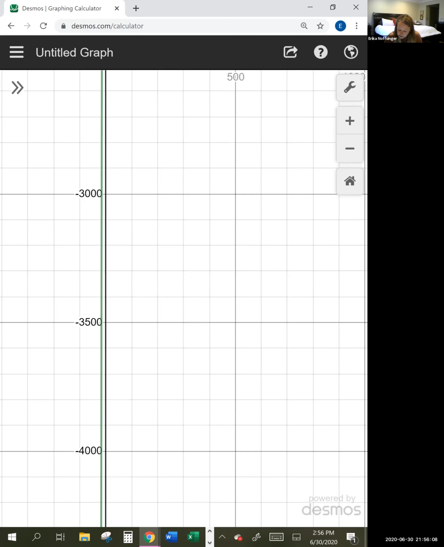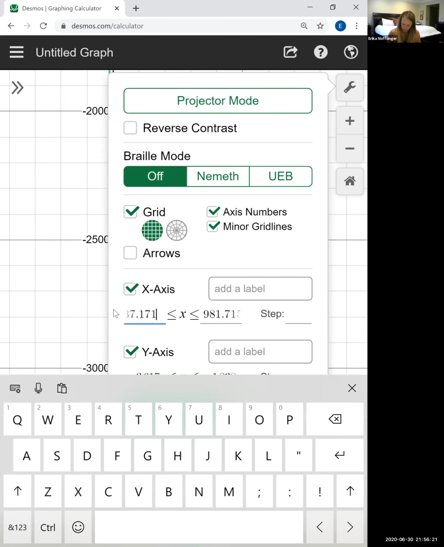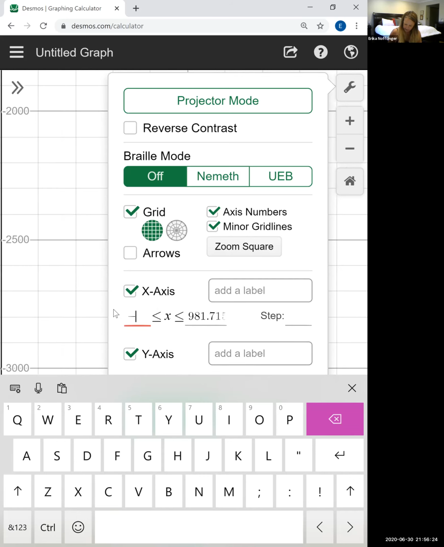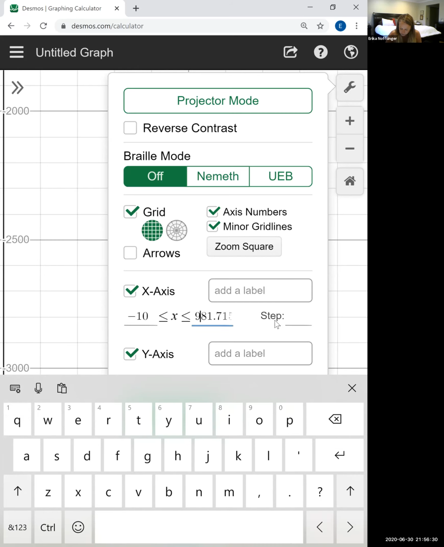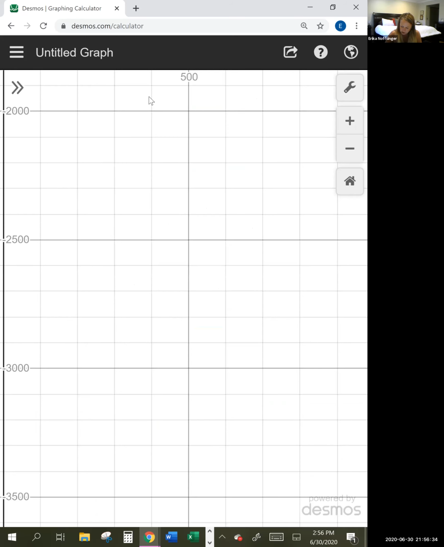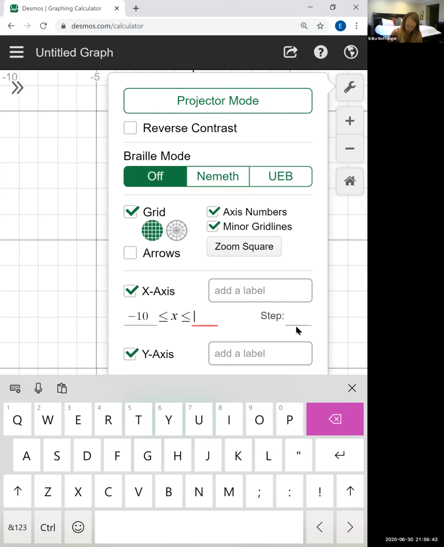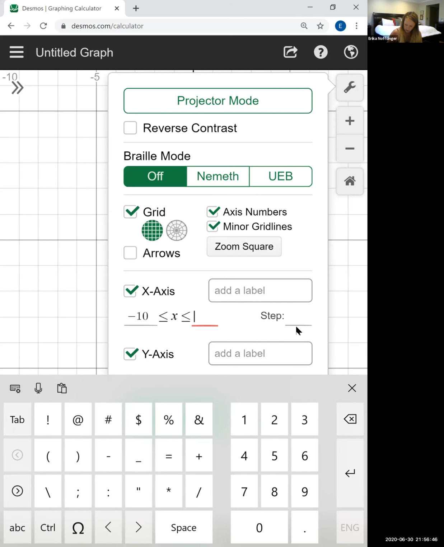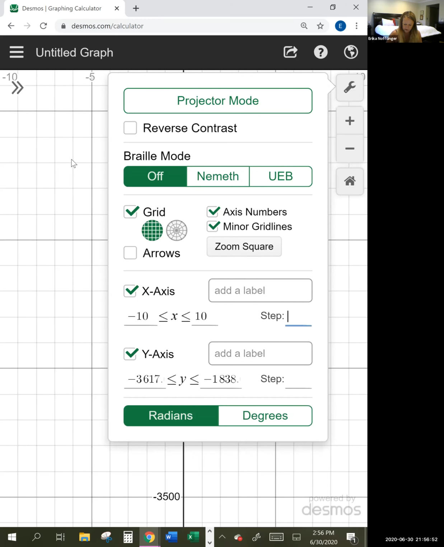I wonder if there's a way I can, let me just reset this. Let's do -10 to 10. Oops, shoot. Okay, so that.